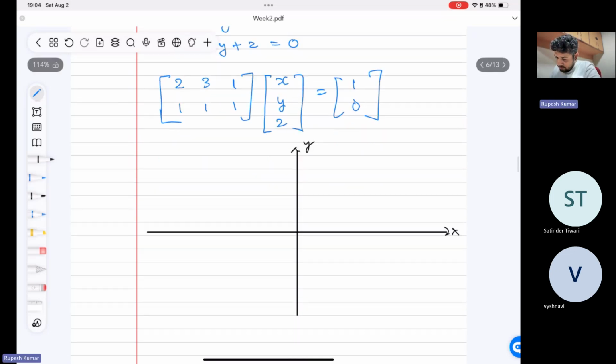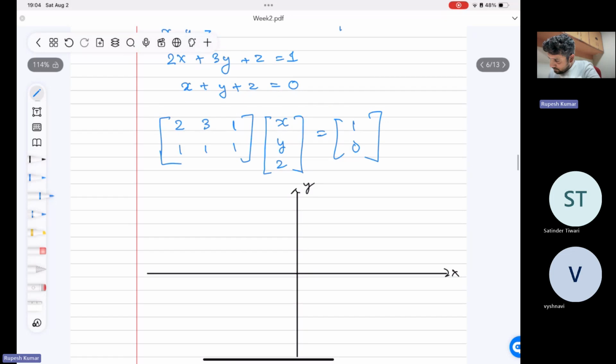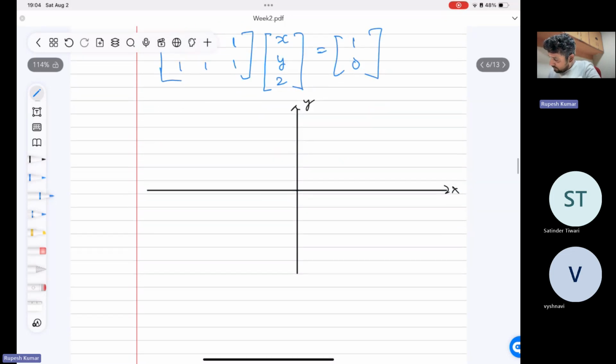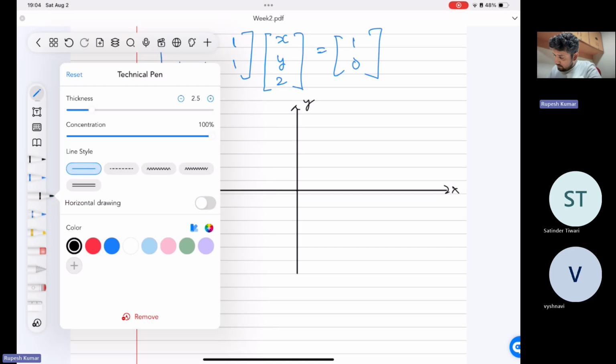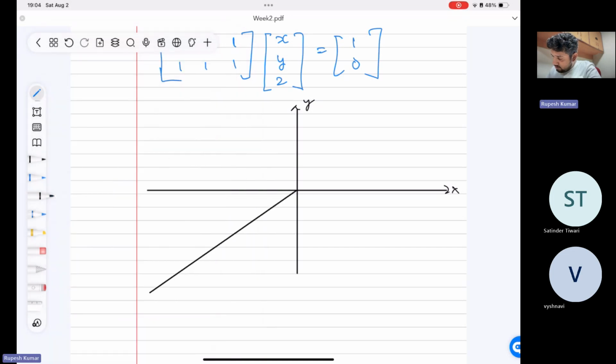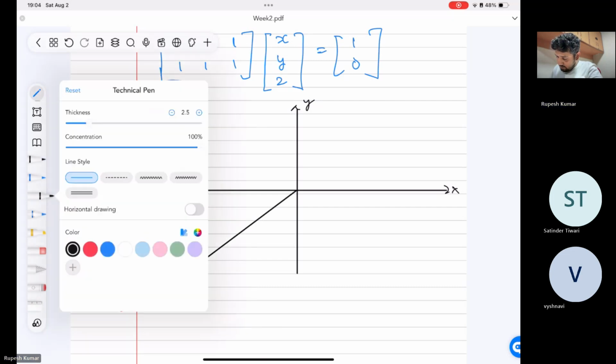Okay, let's draw this plane. Put x equals 0. You have a z axis also, so z will go out like this, in 3D.